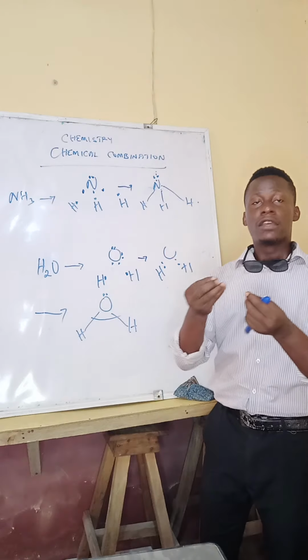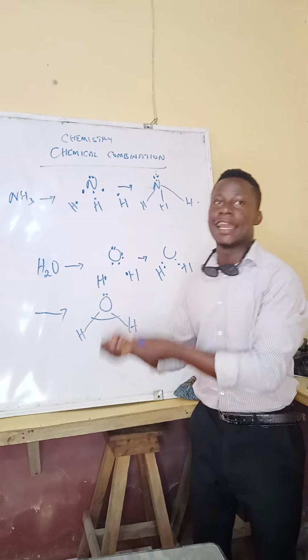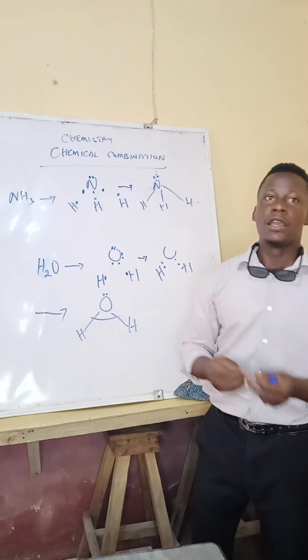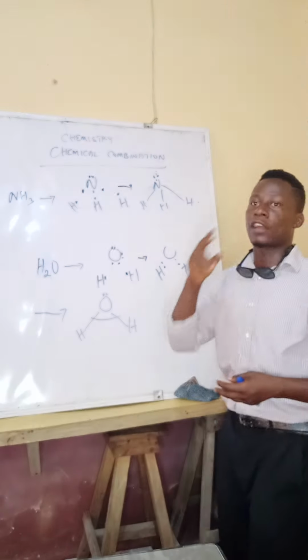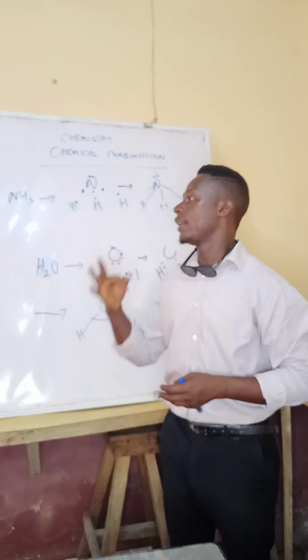So, in a nutshell, heteronuclear bonding deals with atoms of different elements combining together. We have seen in the case of hydrogen and chlorine forming a single bond, and on that chlorine you have 3 lone pairs of electrons.